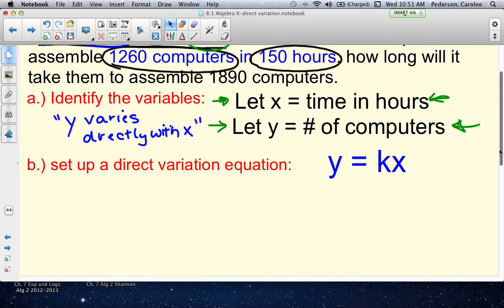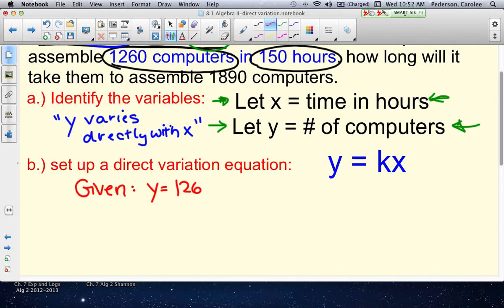Now remember when I said the givens? I had a given, which was the number of computers. So y equals 1,260 computers.